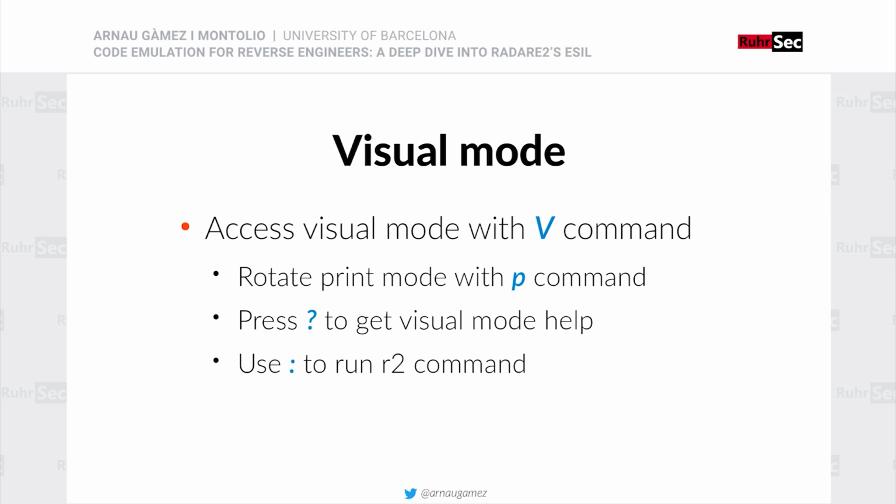And if we want to get help within the visual mode, we can just press the question mark, and we will get the visual help. While we are in any visual mode, if we want to run a radare2 command, we just have to use a colon and then enter the radare2 command we are interested in.